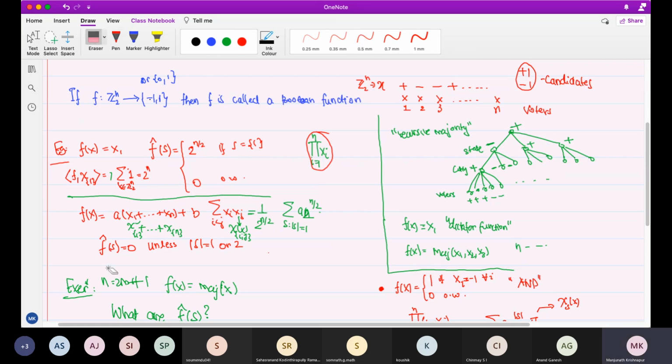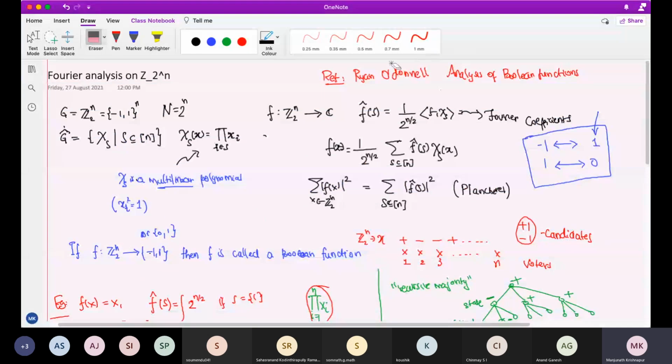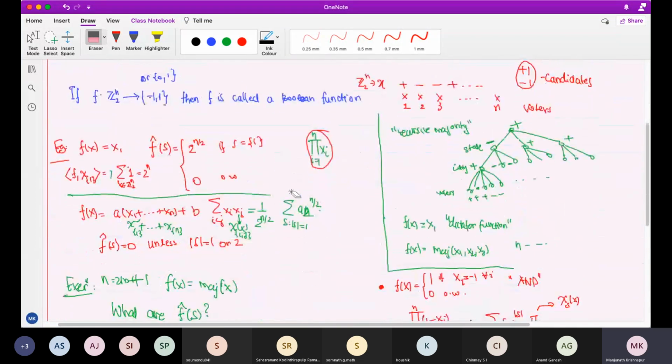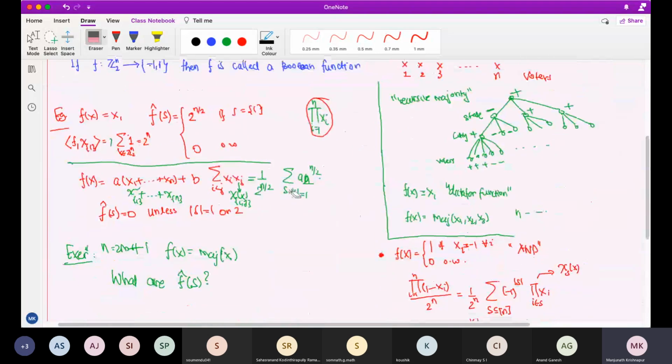In fact, one of the main applications done in O'Donnell's book, in fact it's a theorem that he and some collaborators proved, is there was a general conjecture in this social choice area that majority is the stablest.